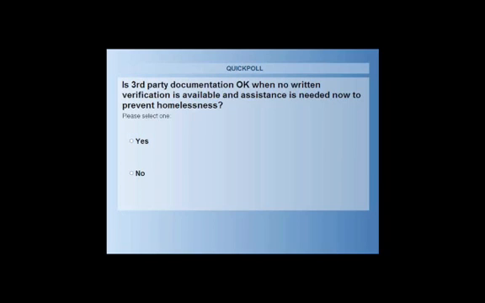Actually it should say third-party oral verification okay. So is it okay for me to pick up the phone and call an employer and verify that this applicant household is in fact employed and the amount that they received, and put the information in the case file, when they don't have a pay stub and they're going to lose their housing imminently without assistance from my program?